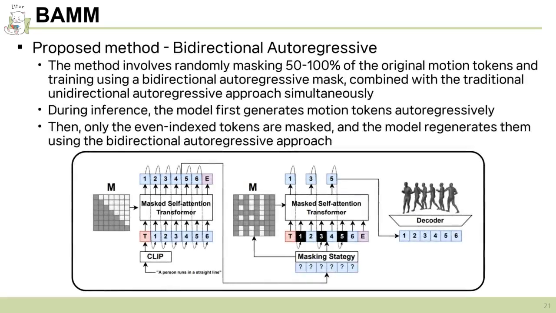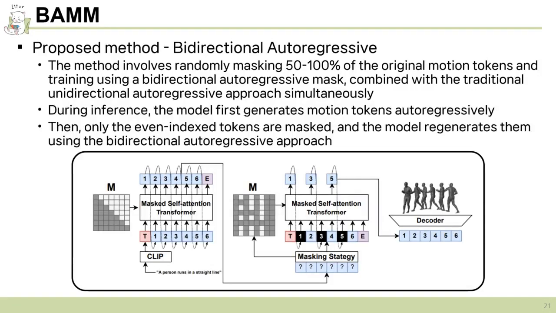BAMM uses a bidirectional autoregressive approach, which combines traditional unidirectional generation with a bidirectional causal mask. During training, the model randomly masks between 50% and 100% of motion tokens, training it to predict missing tokens using both past and future context.